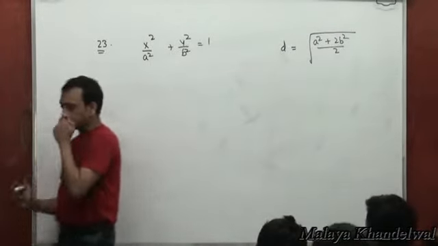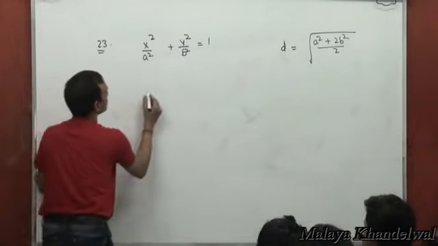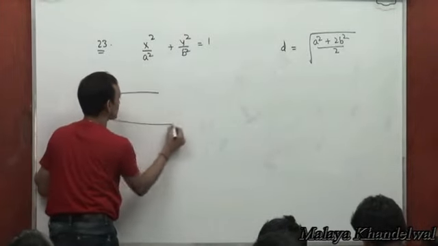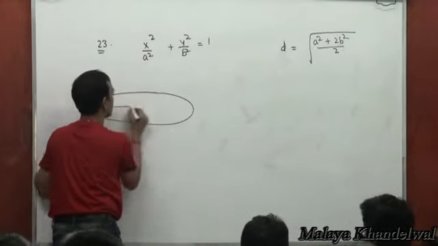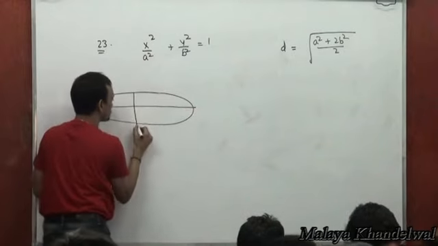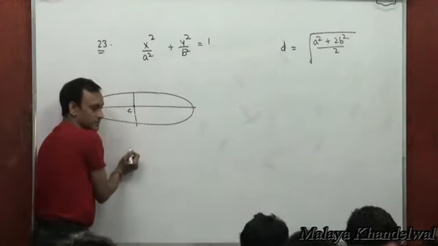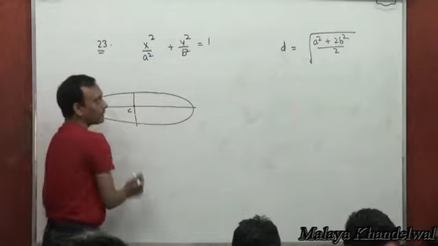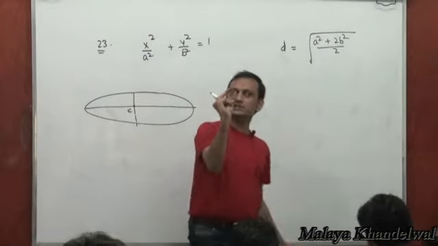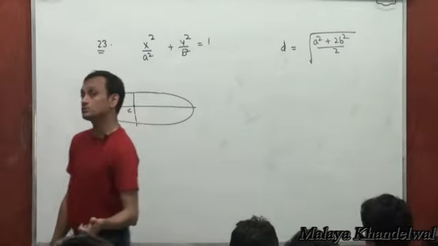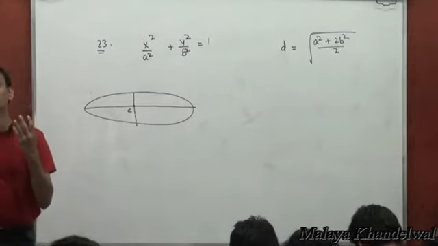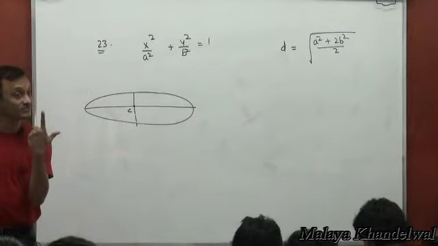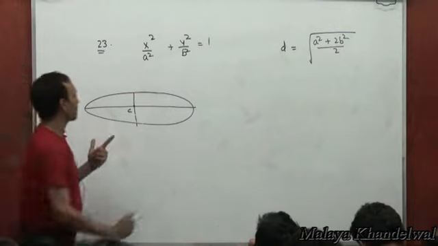In general, if this is the ellipse, with major axis, minor axis, and center of the ellipse. Given a distance d, given a certain number d, in general, you can find 4 points on the ellipse at the same distance d. Yes or no?